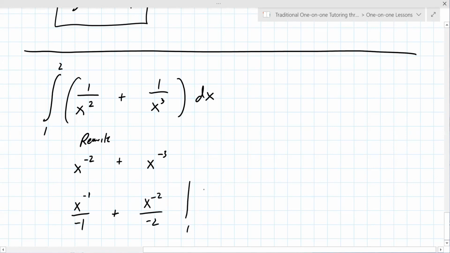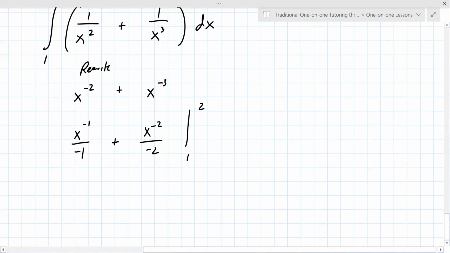At 1 and 2. So this one may be worth a rewrite to make it easier to evaluate. The first one is negative because that's -1 over x. Can you do, oh, I guess you can't do a negative exponent though.